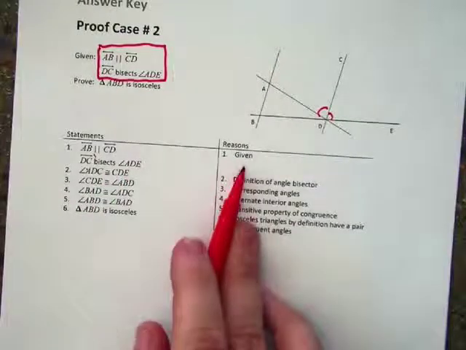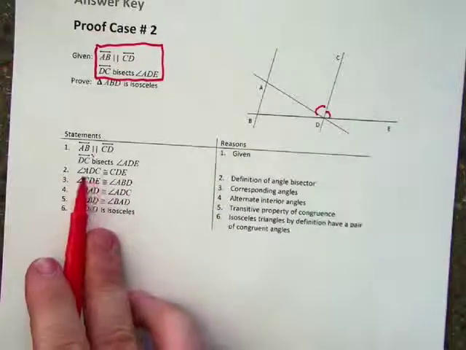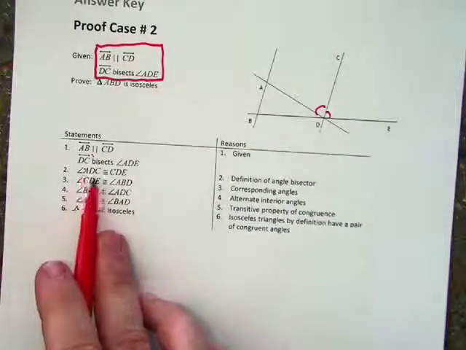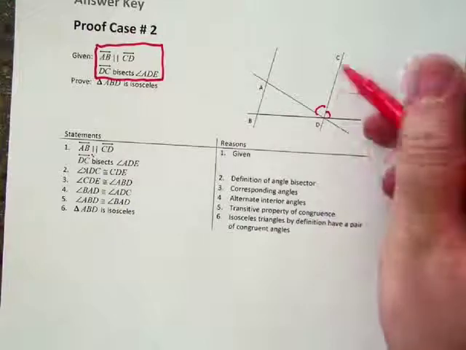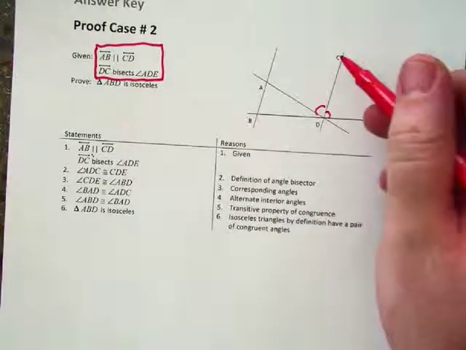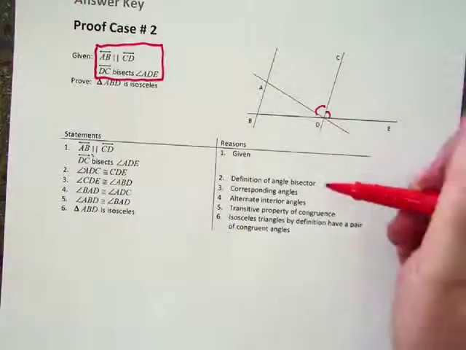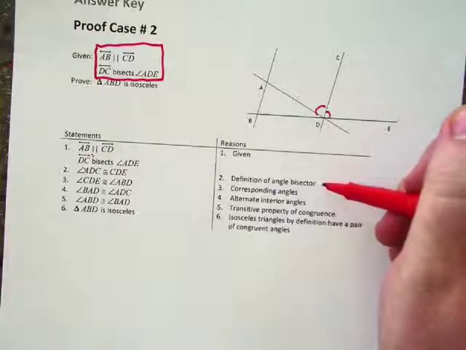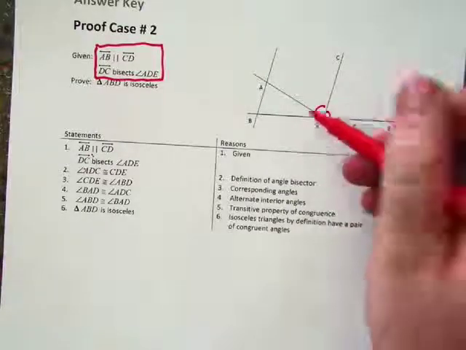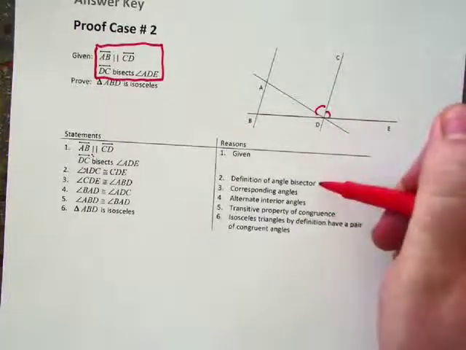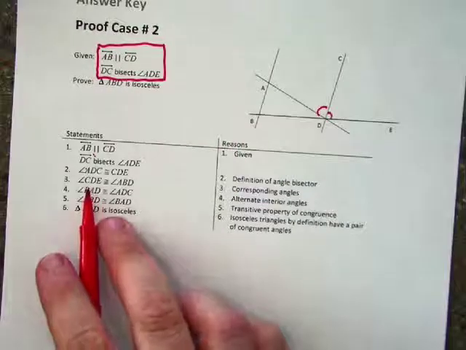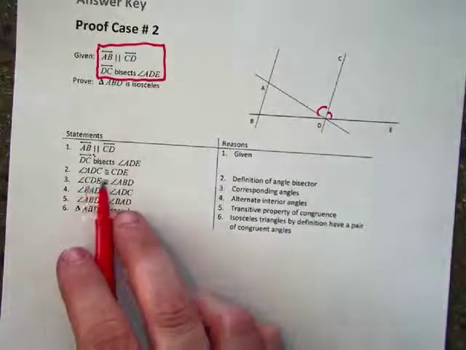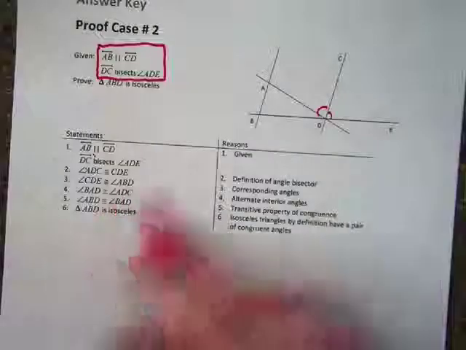That's also given. Okay, so step 2, that tells us that ADC is congruent with CDE. We know that because of the definition of an angle bisector. Like I said, when it bisects, it means it cuts it exactly in half. And if they're congruent, that means angle CDE is congruent to ABD.